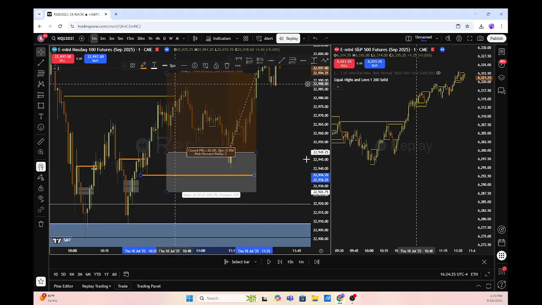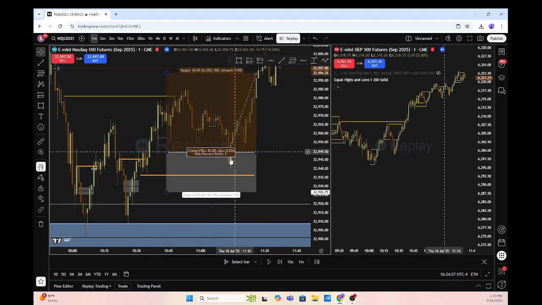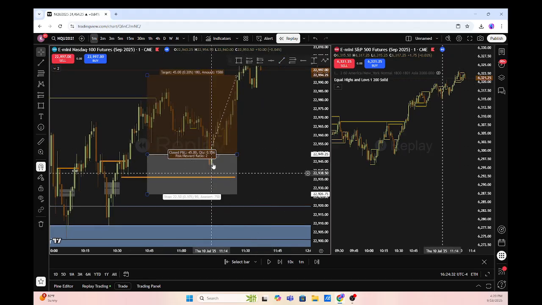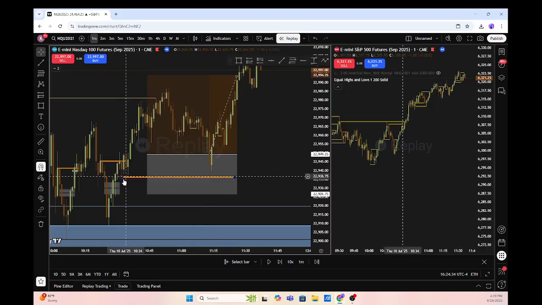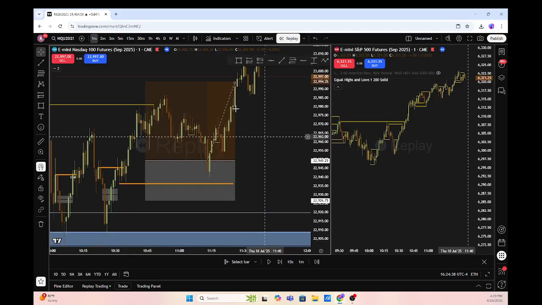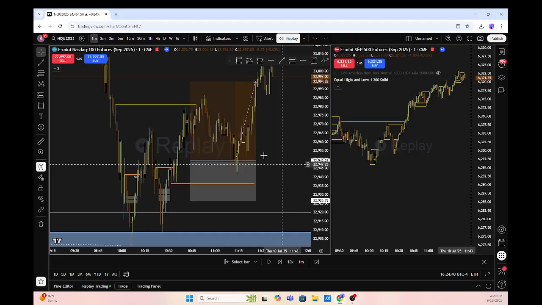Because in theory, this should be a protected low and price shouldn't come down to this low if we're bullish, right? So as you can see, my stop loss being at this low saved me from getting break even in this trade, and it hit full take profit, right?